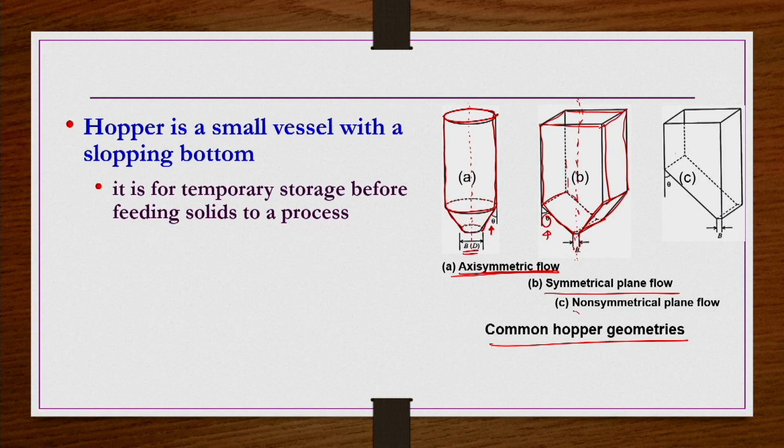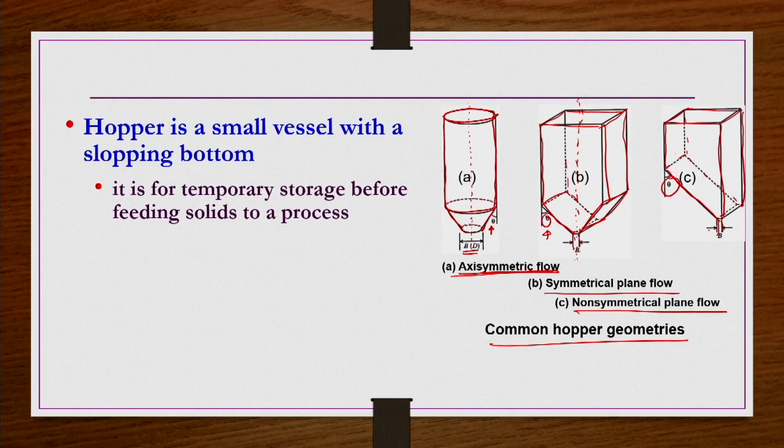The third one is the non-symmetric plane flow. Here again we have taken a non-cylindrical container, and there is an angle here, the angle at which the sloping is there. This angle is nothing but the sloping angle. There is a sloping bottom to the container, and how much that sloping bottom angle is, that is this theta, right, and at the bottom there is an opening.